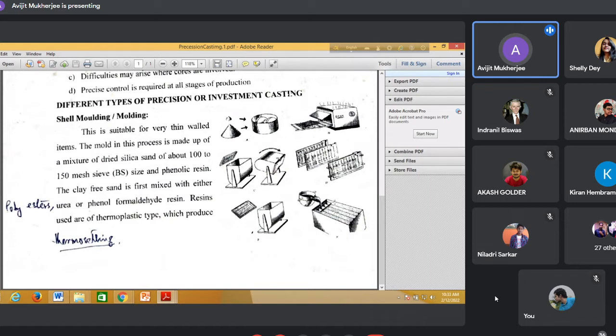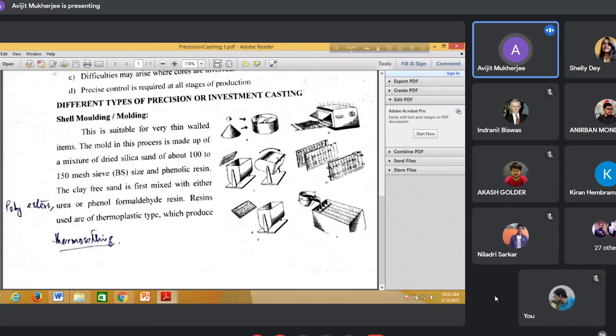Say this is the enlarged view of this. This is now your mold prepared with molding sand. How is this prepared? Using a master pattern, a metallic pattern. The preheated metallic pattern is placed on the dump box.